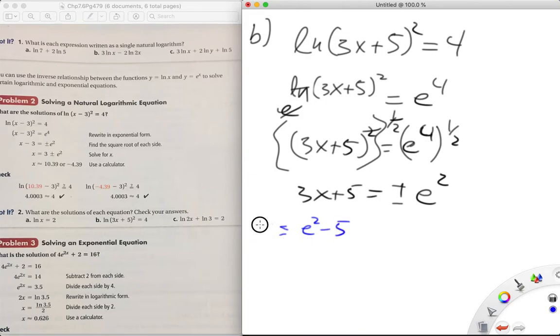Then divide both sides by 3, so that would be over 3. So the next would be e squared minus 5 over 3, or we would have negative e squared. So then it would be x is equal to negative e squared minus 5 over 3. All right, so let's see what that gives us.